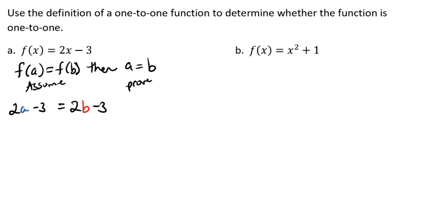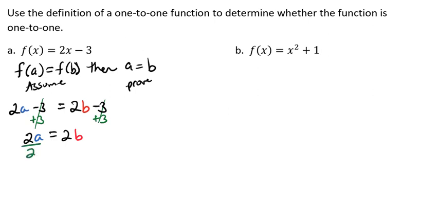Once we get to this point, we've replaced our x with a and with b. Now we're essentially going to try to solve and get the a and the b by itself. We'll start off by adding 3 to both sides to get rid of that 3. That leaves us with 2a equal to 2b.